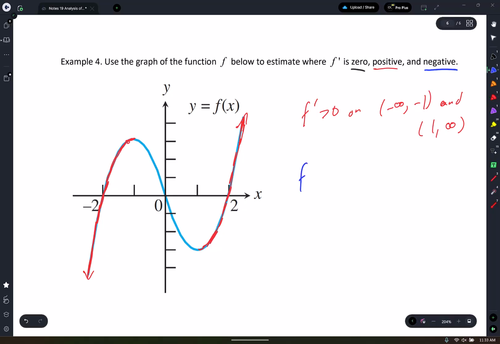All right, f prime is negative on from what to what? Yeah, negative 1 to 1.